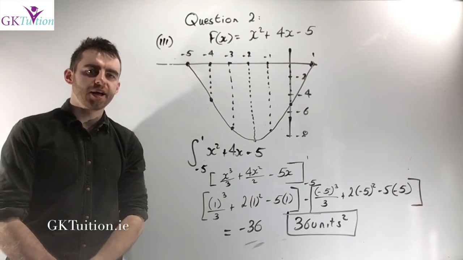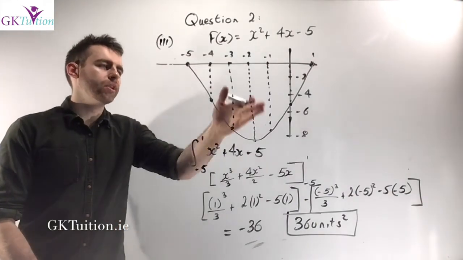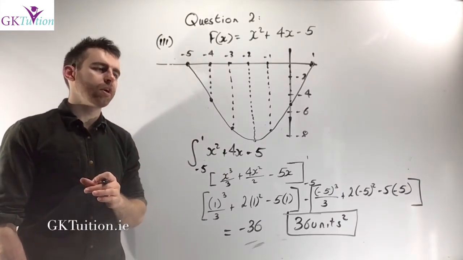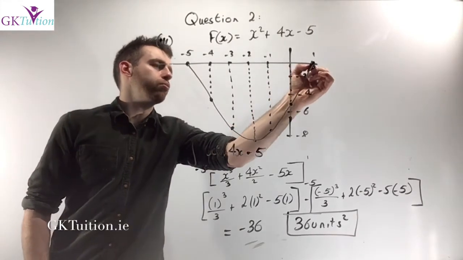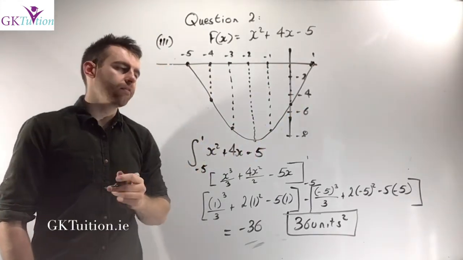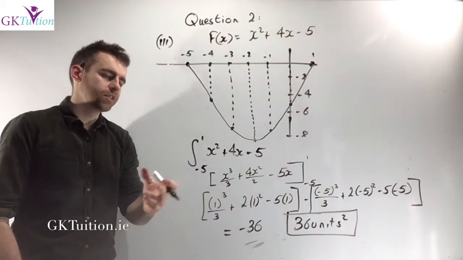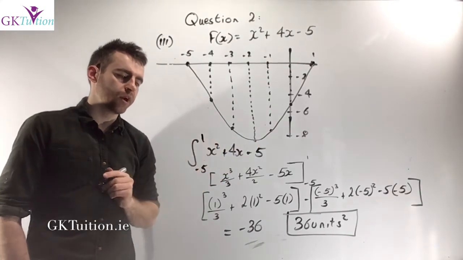Okay, in part 3 I asked you to use integration to get the exact area between the curve and the x-axis. We did a full section on this when we were doing integration. If I integrate the quadratic between 1 and -5, I'm going to get the area between the curve and the x-axis. So I just need to integrate x squared plus 4x minus 5 using the limits 1 and -5.